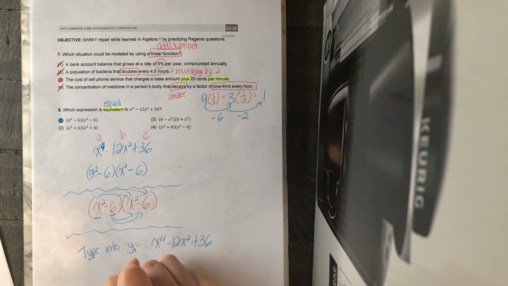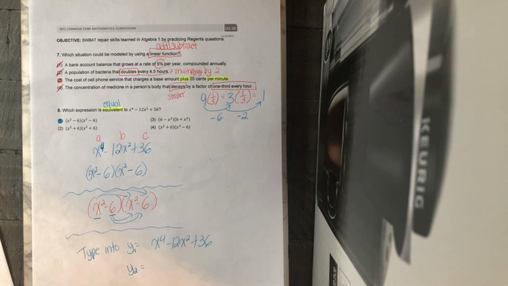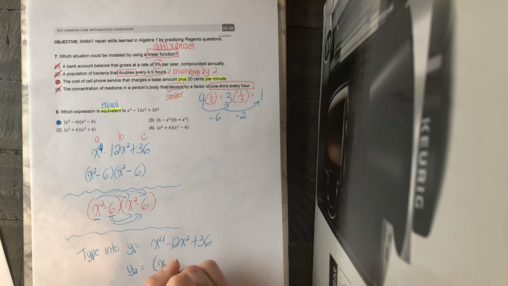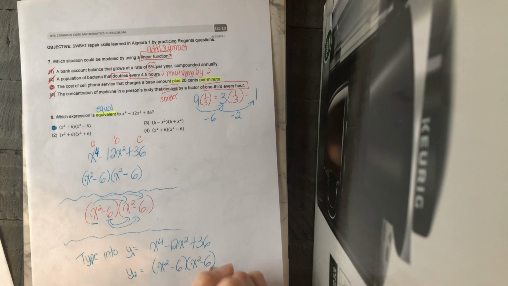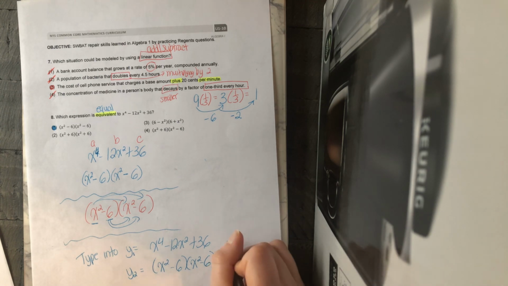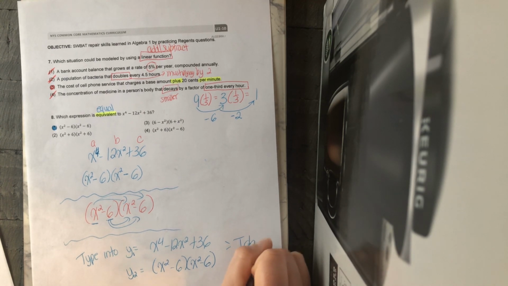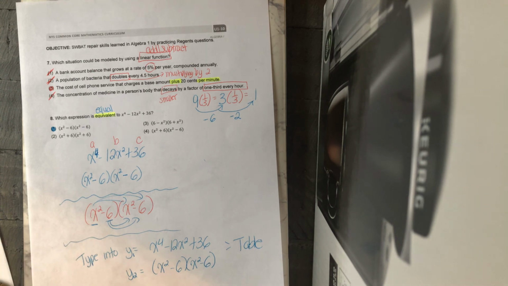And then underneath in y2, I would have typed in choice 1. Exactly how it's written, parentheses and all. And then you would have looked at the table. And if the tables matched, which they should have, then you know 1 is the answer. And if they didn't, you would have just cleared this out and you would have typed in choice 2 instead and checked that and went from there.